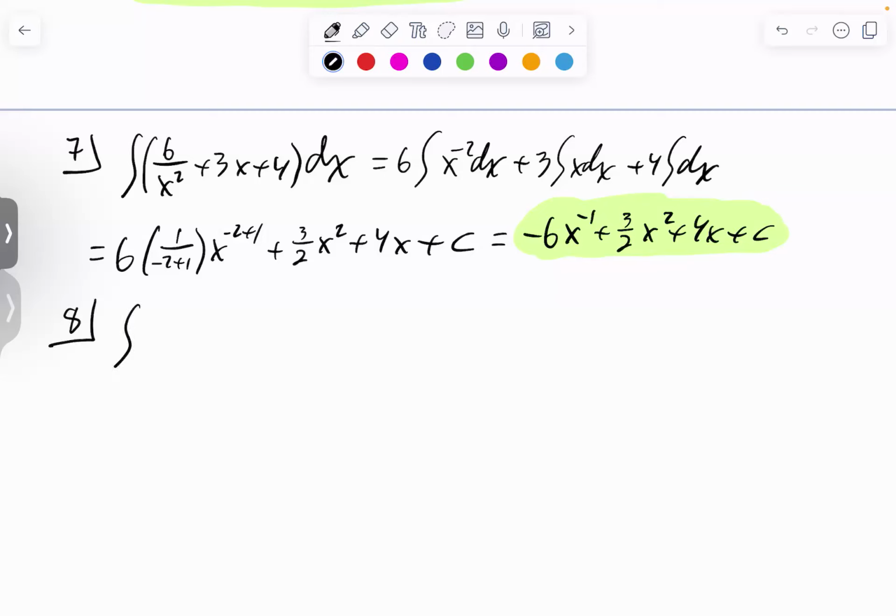All right, so we have a definite integral now for number 8. All right, and I'm going to break this down a little bit. I'm going to bring that 3 out. And I'm going to note that the integral of 1/x dx becomes the natural log of x.